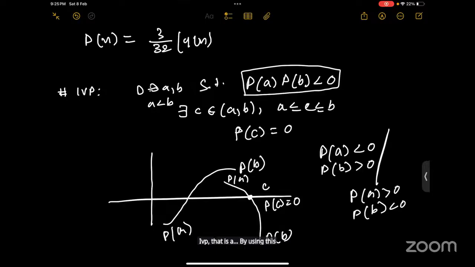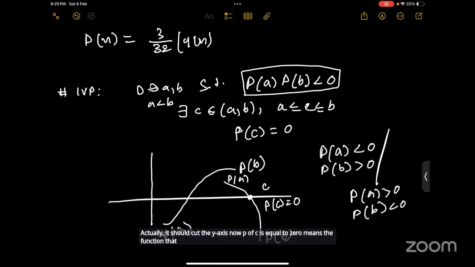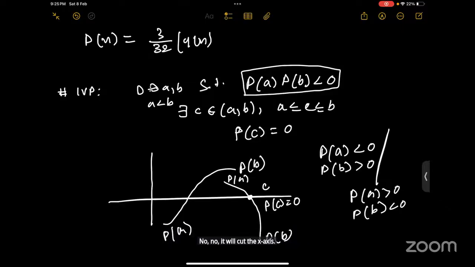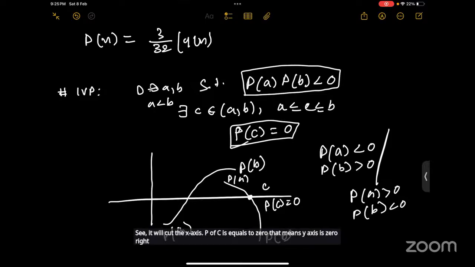Yeah, so we will always get a C such that P of C is 0, and the C is in between A and B. Actually, it should cut the y-axis, no? P of C is equal to 0 means the function... No, it will cut the x-axis. See, P of C is equal to 0, that means the y coordinate is 0, right?